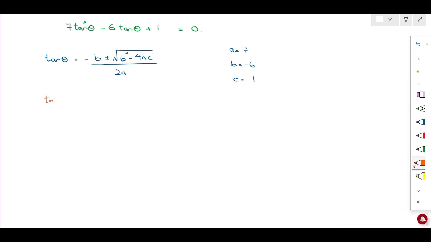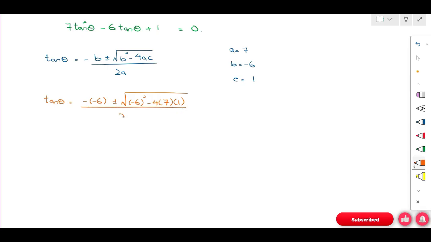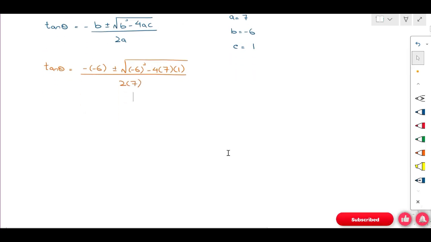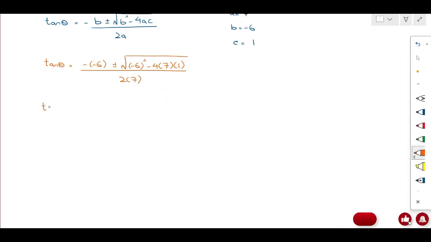We will get tangent theta equals the b value, negative 6, so minus b is plus 6, plus or minus square root of minus 6 square minus 4 times a times c, divided by 2 times the a value, which is 7. Okay, now we have tangent theta equals 6 plus or minus square root.